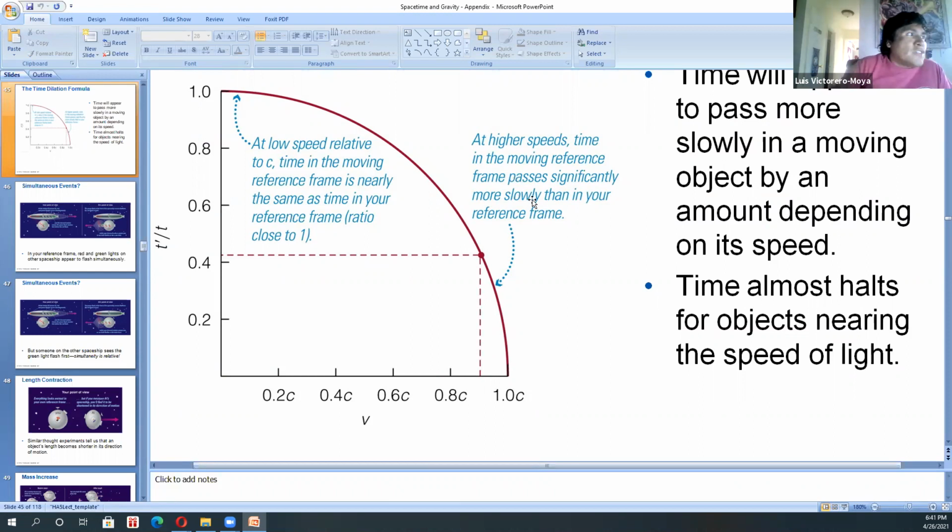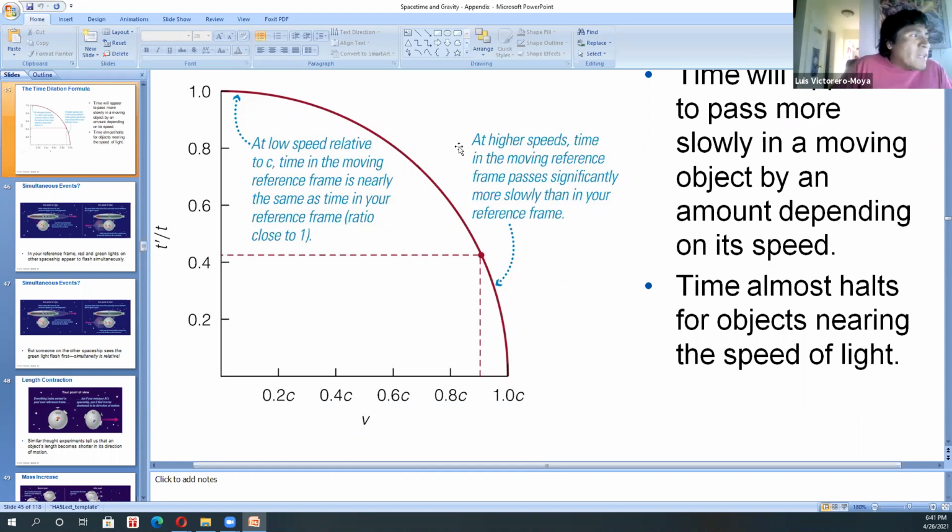That's the important part. As you move closer to the speed of light, time in the frame of reference that is moving will go more slowly, which explains the whole idea of the twin paradox.